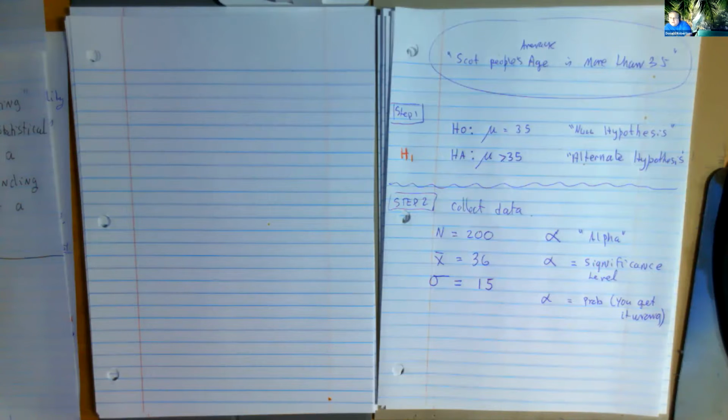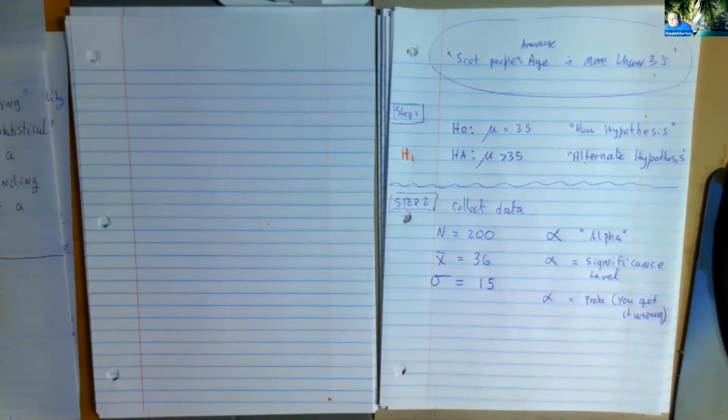Since you don't ever do anything in statistics that's 100% right, you don't do a 100% confidence interval, right? Don't you do a 90% confidence interval or a 95 or a 99? So alpha is the probability that you're going to get it wrong. Now you want that to be nice and small, don't you? You don't want to get it wrong half the time, because that would be an alpha of 0.5.